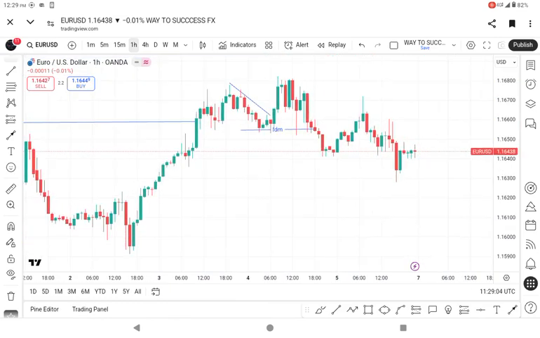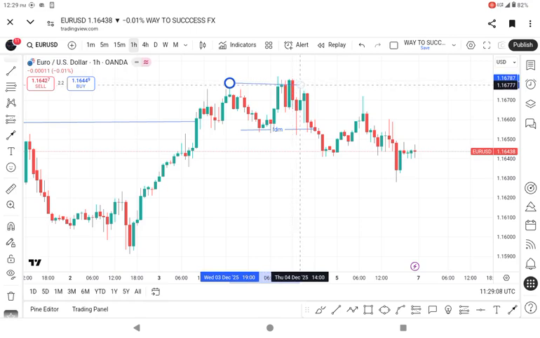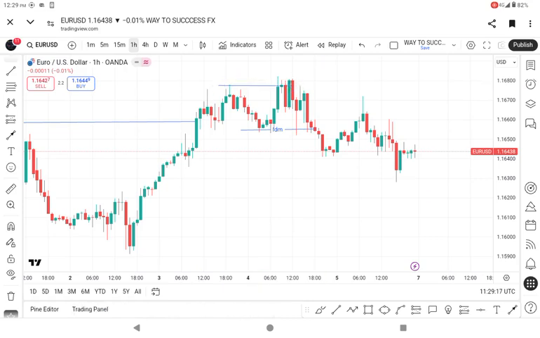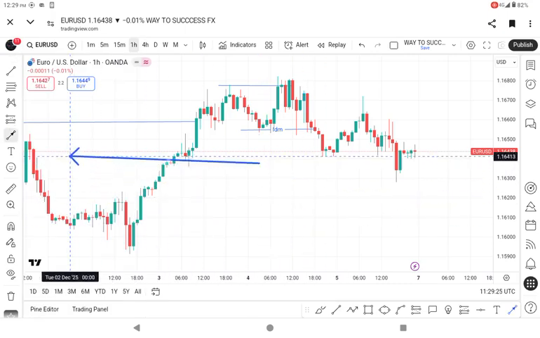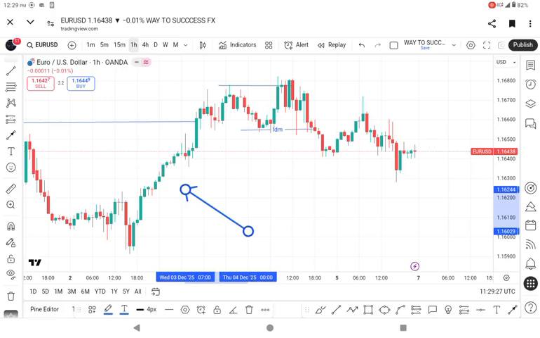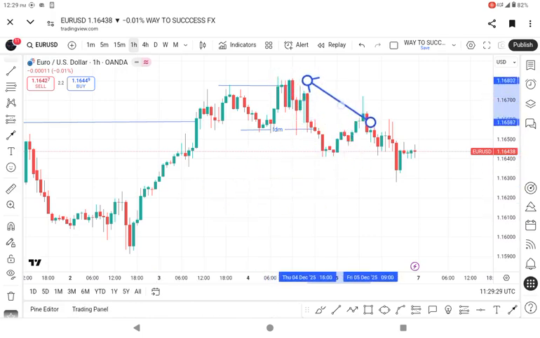Yeah, that's good. So price closed above this high, broke this high, but was not able to hold. So price dropped to the downside after breaking this high.